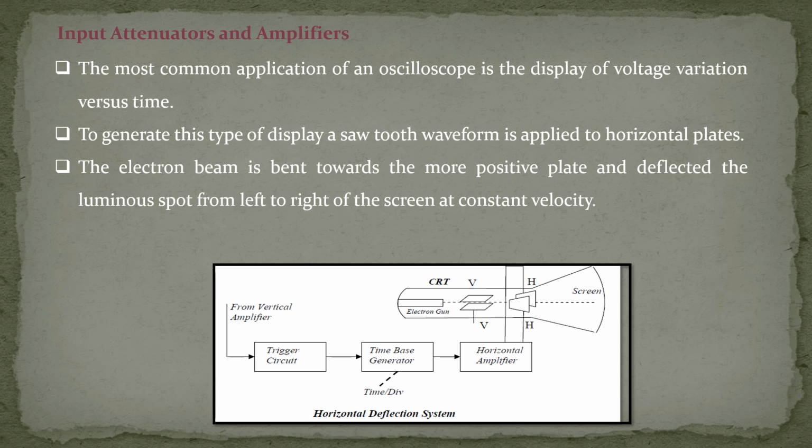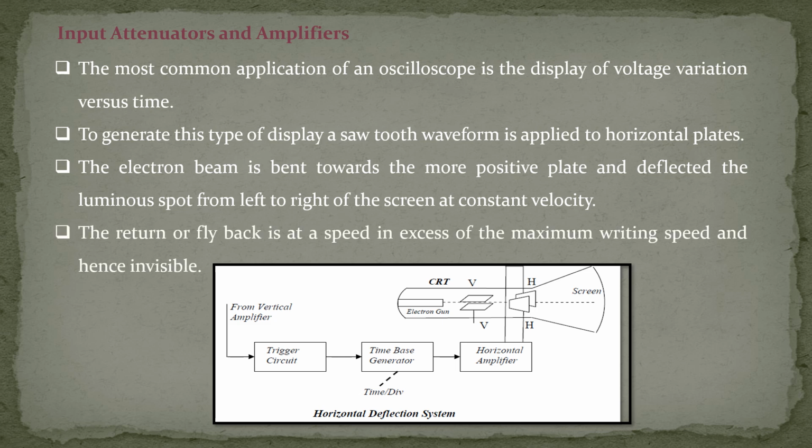The electron beam is bent towards the more positive plate and deflects the luminous spot from left to right of the screen at constant velocity. The return or flyback is at a speed in excess of the maximum writing speed and hence invisible.